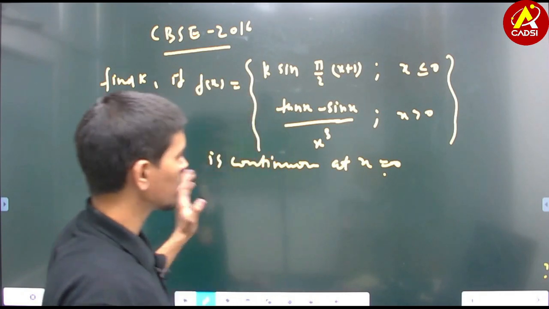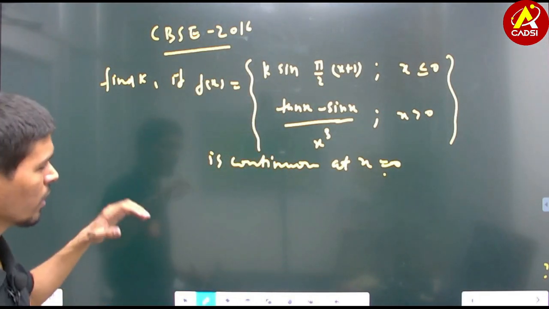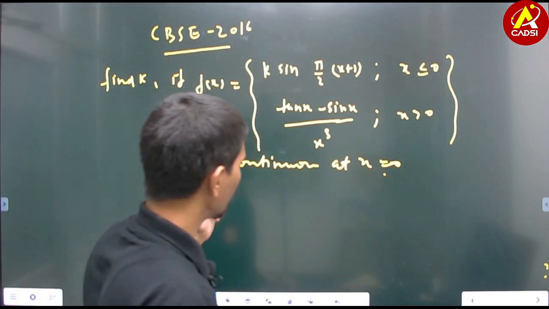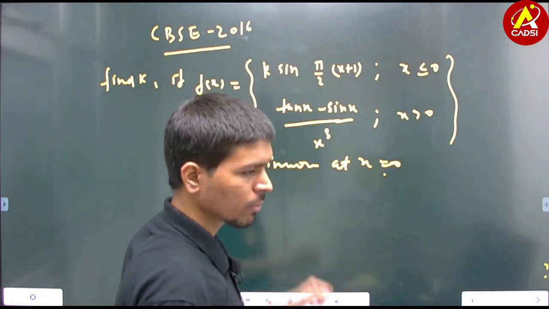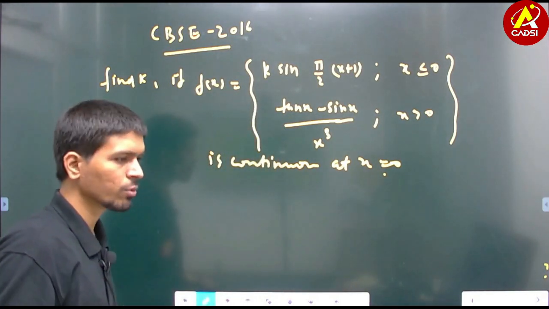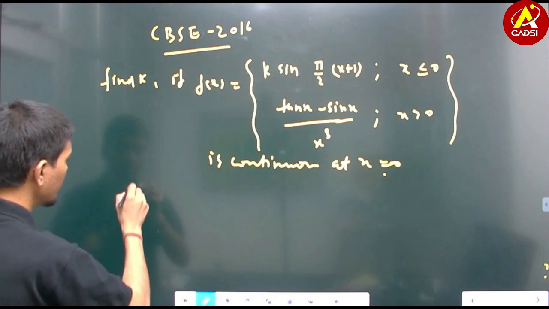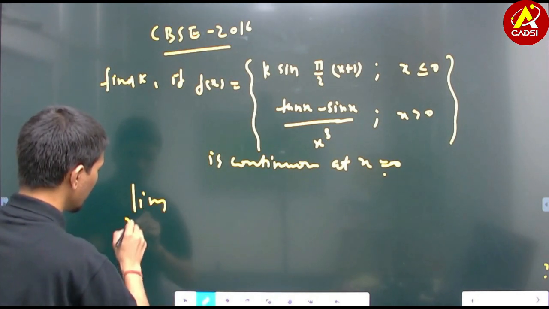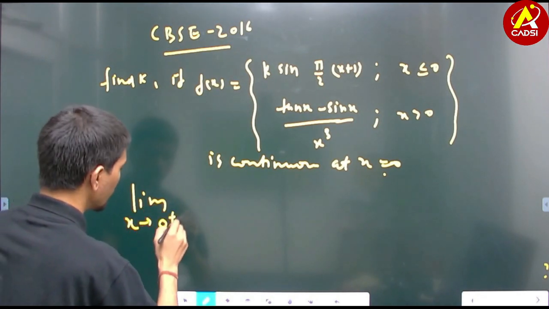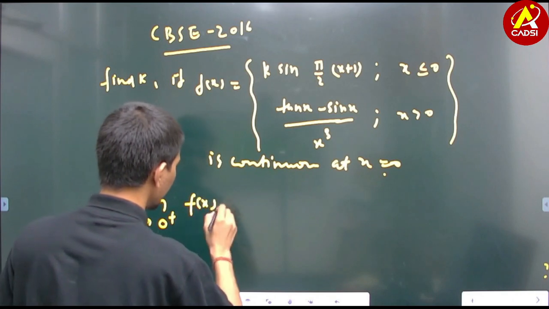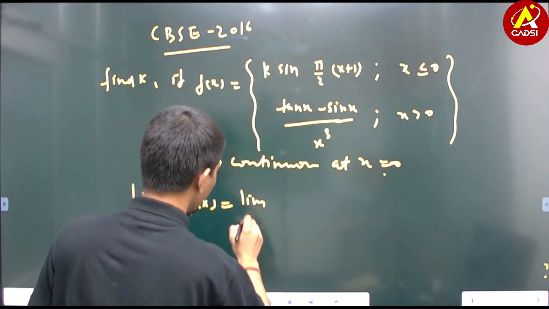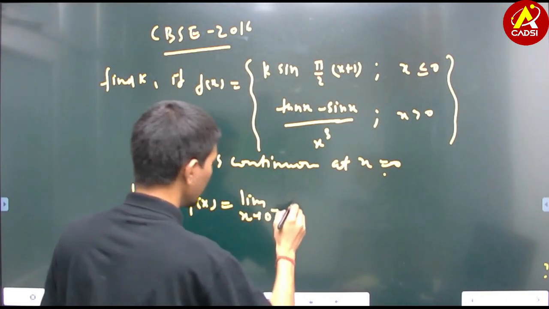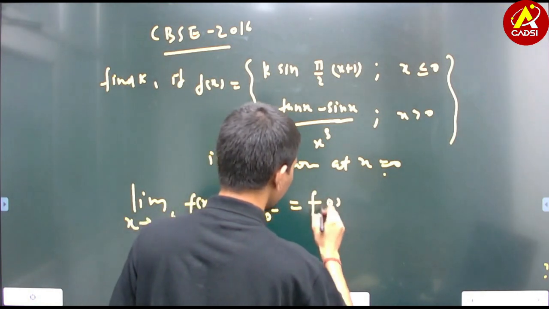We are going to use the same concept of continuity. Now we use the definition of continuity at x equals to 0, which means the limit of f of x as x tends to 0 plus equals the limit as x tends to 0 minus equals f of 0.